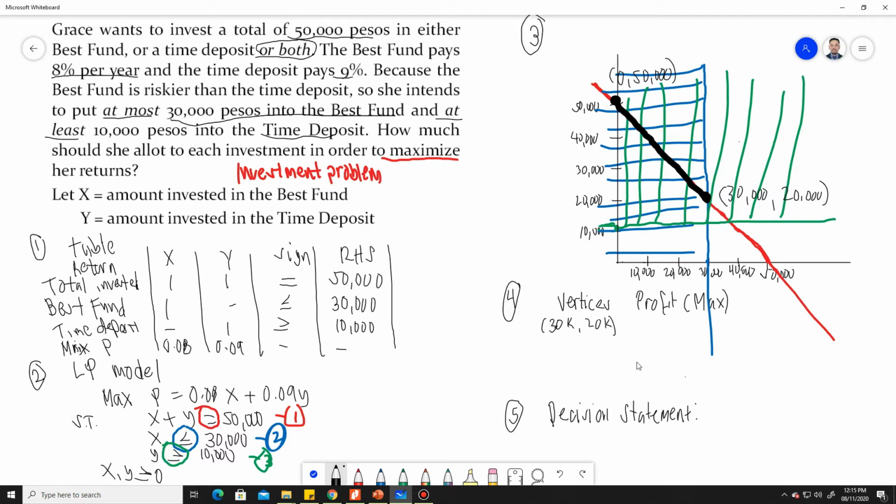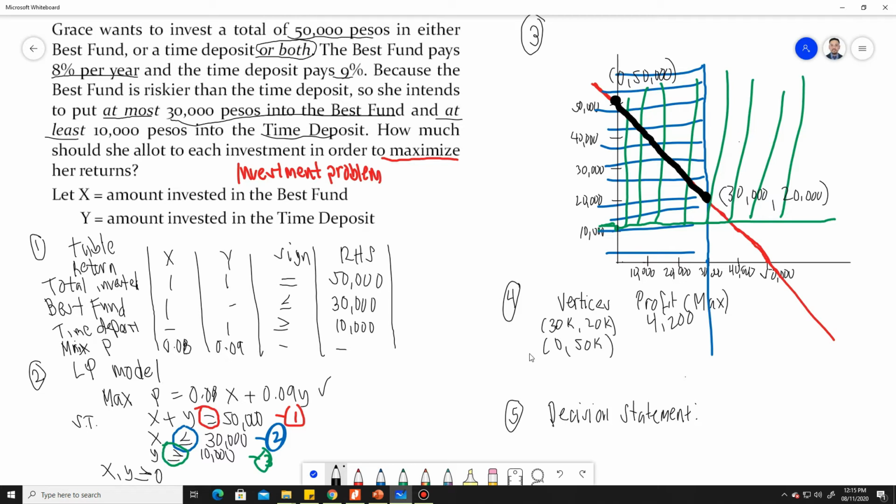Ito yung nasa baba. So yung profit natin yan, isa-substitute natin yung 30,000 and 20,000 sa ating objective function. Ito, we will get 4,200. Kung dito naman sa isa, we have 0 and 50K or 50,000.